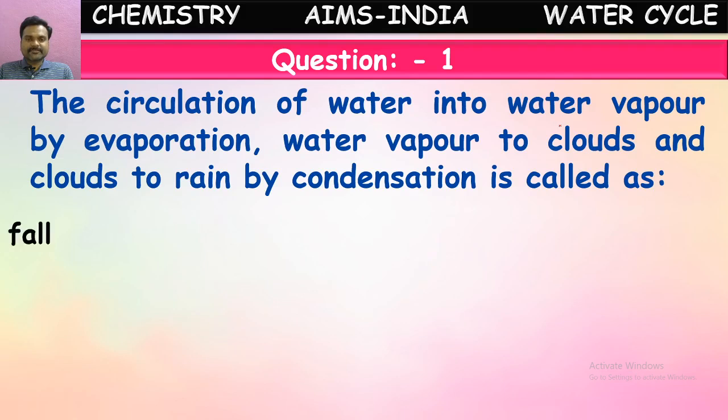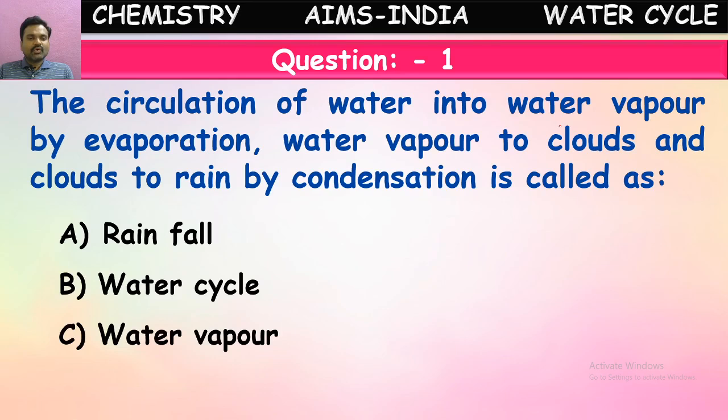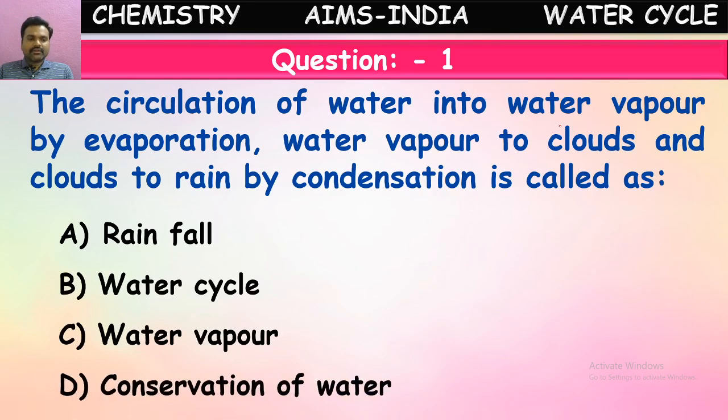Let us see the options: rainfall, water cycle, water vapor, conservation of water. Out of these, which is the correct answer, children? Yes, it is water cycle. The circulation of water from one form to another form continuously is called the water cycle.